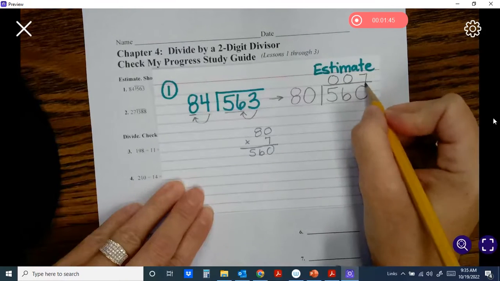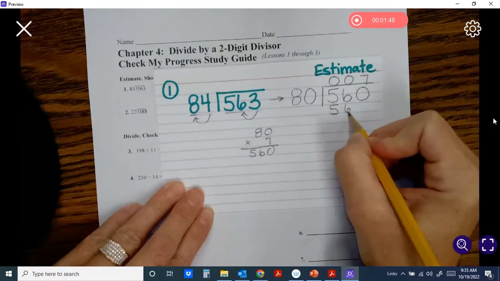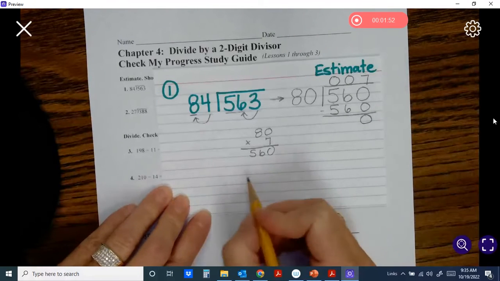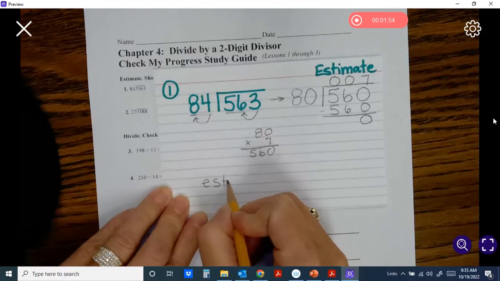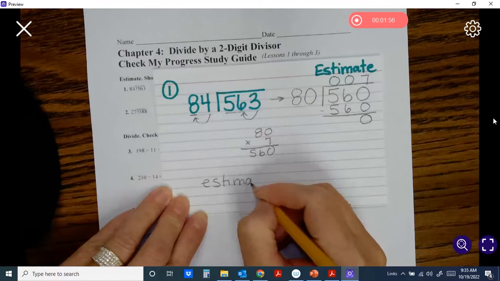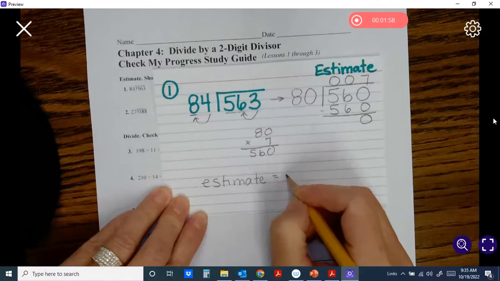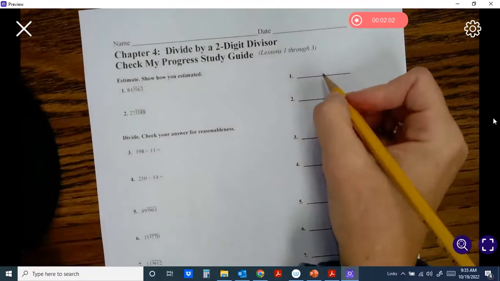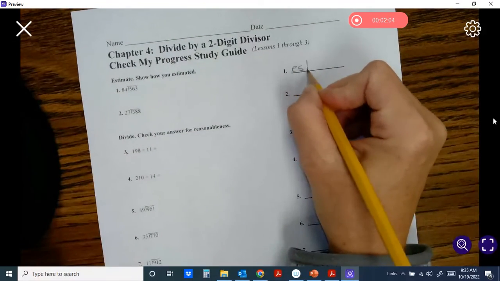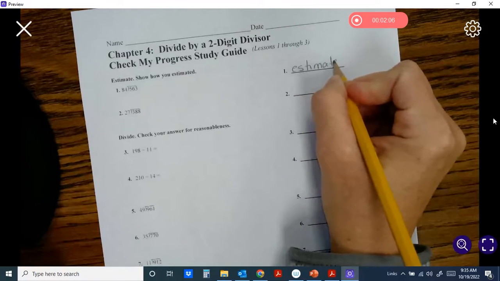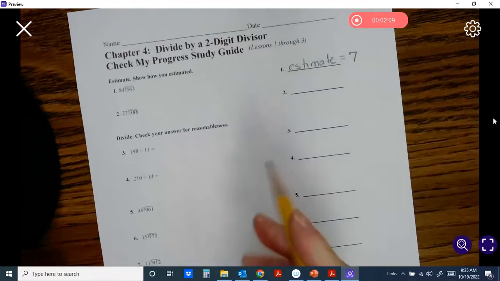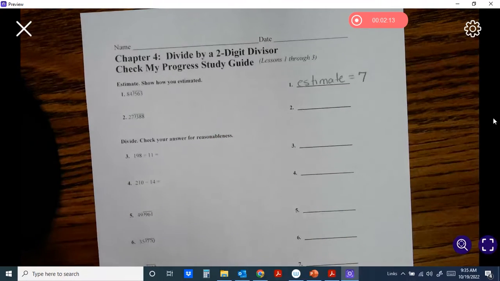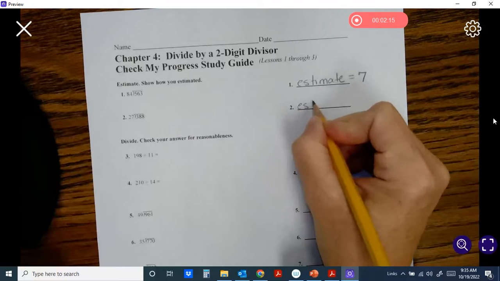So that will work. 560. Okay. So my estimate equals 7. And I'm going to write estimate just because I want to make sure that everybody knows that it's not the exact answer.